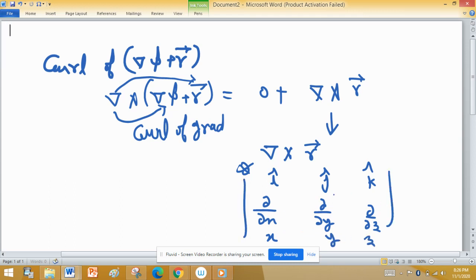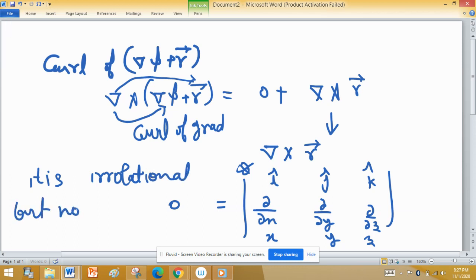Now this is equal to 0, as you can compute. So it is irrotational, but not solenoidal.